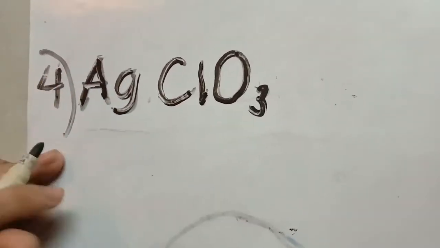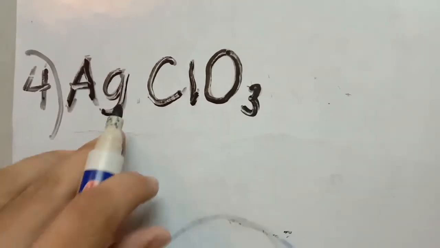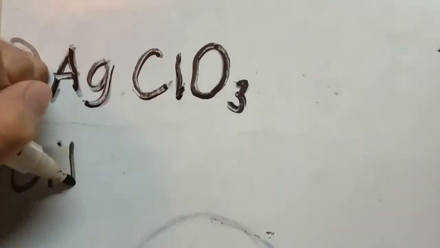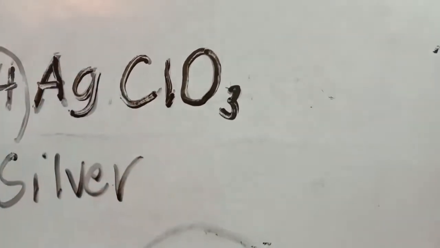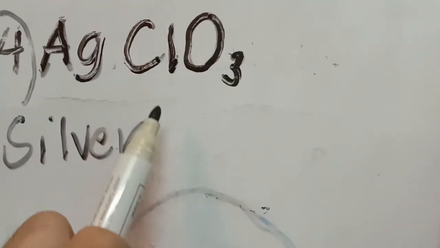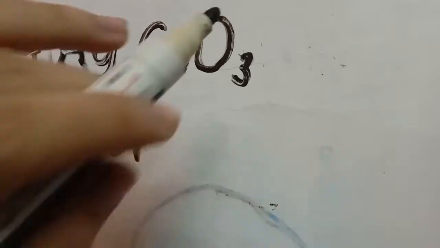Second, the fourth example is AgClO3. Ag is silver, and Cl means chlorine, and oxygen.